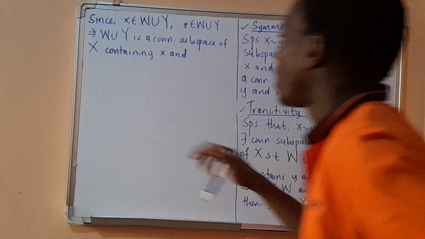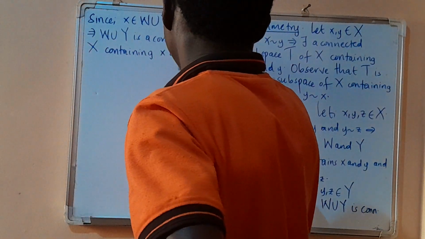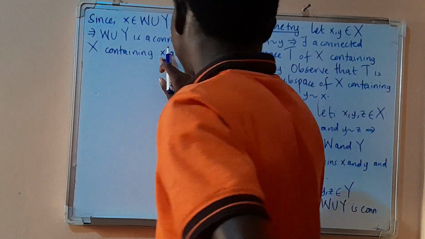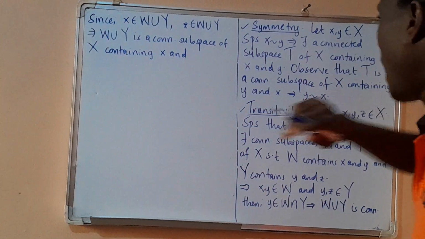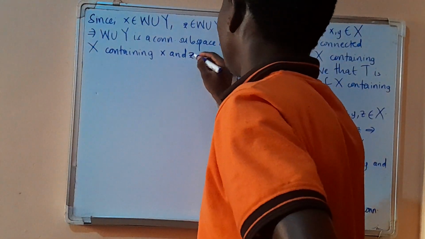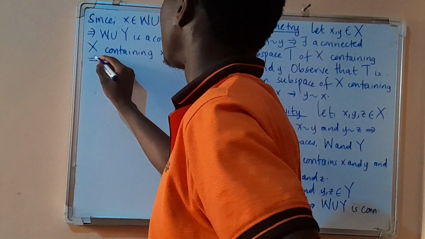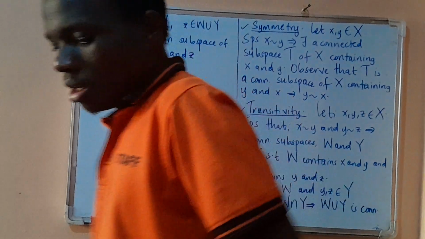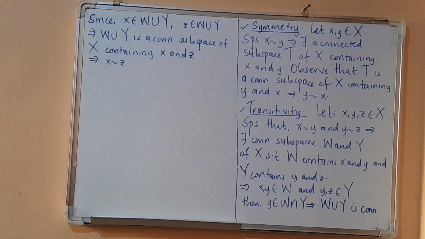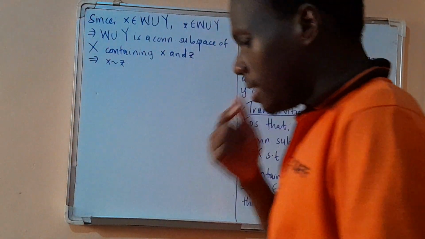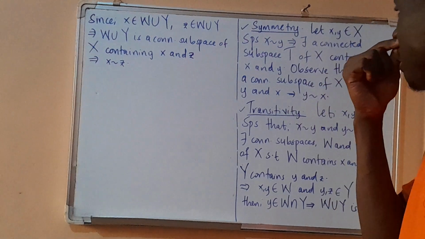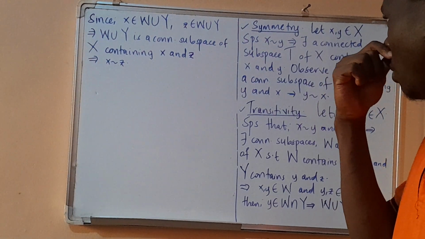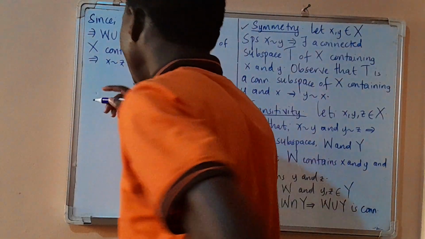So we can conclude that W union Y is a connected subspace of X containing x and z, implying that x is related to z. So that relation is actually an equivalence relation, and we can now talk about equivalence classes.